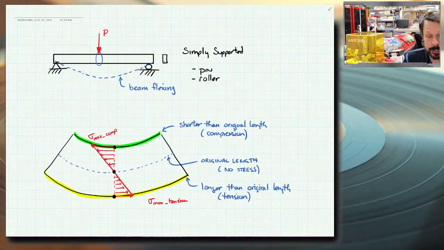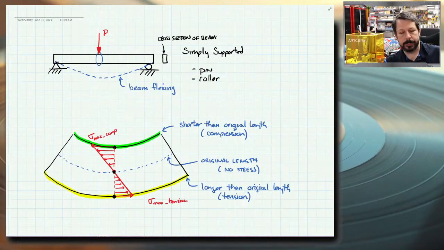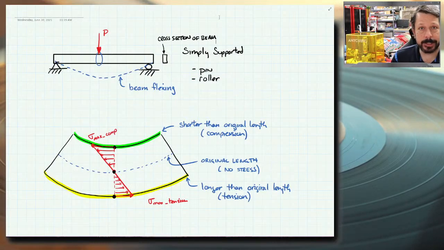All these different cross sections. So we do need to know something about this cross section in order to know where this original length is. So let's just go with the rectangle, because that's the simplest thing that we can do.